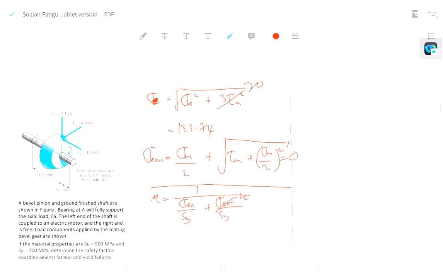This is zero. This is 1 divided by 133.74 divided by the yield strength. Yield strength is 290.